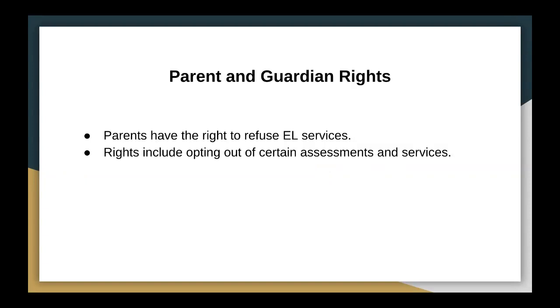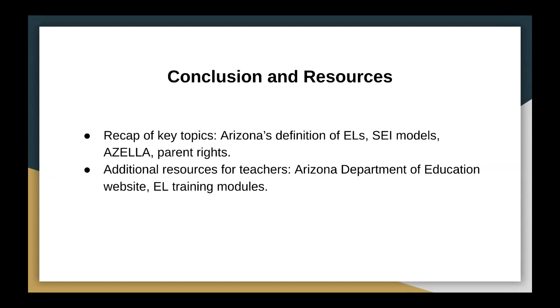It is important for educators to clearly communicate these rights to parents and ensure they are fully informed about the services their child is receiving. By keeping an open line of communication, schools can better support families in making informed decisions about their child's education, which is really nice in my opinion.